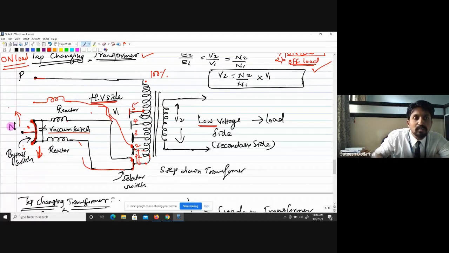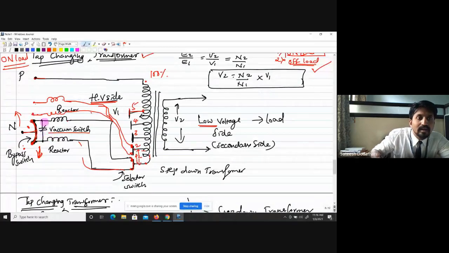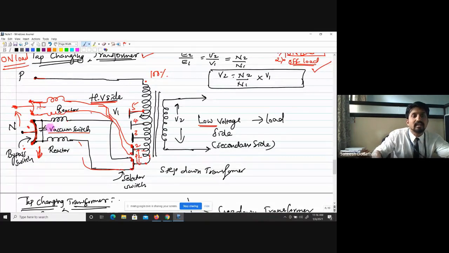When it is moved, this reactor part comes to this point, and now you are going to get this reactor and this one. Again, this is the neutral part, and this will get closed.